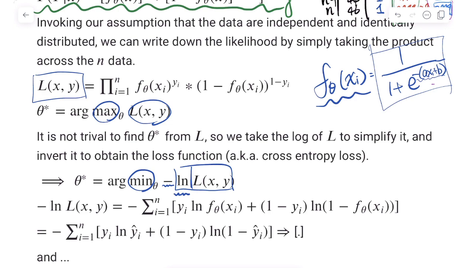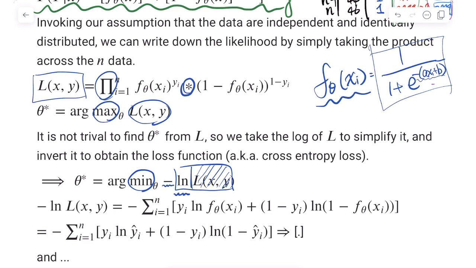And again, right here you can see that there is a log. That is because the likelihood has so many multiplications. Log is an increasing function. So if this value is large, its log value is still large, and if this value is smaller, the log value is smaller, because it is an increasing function.